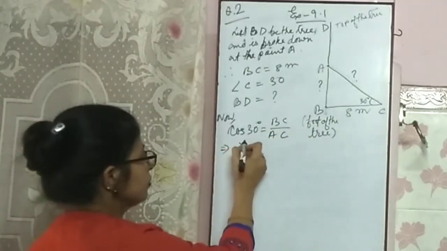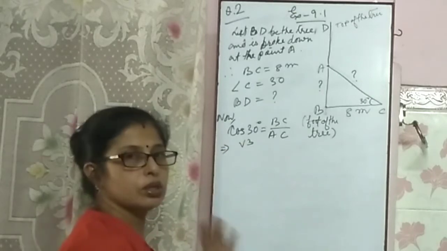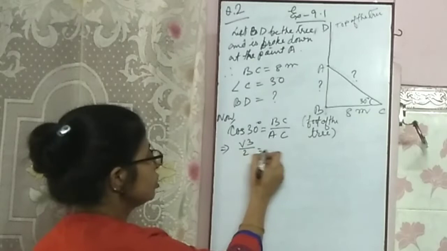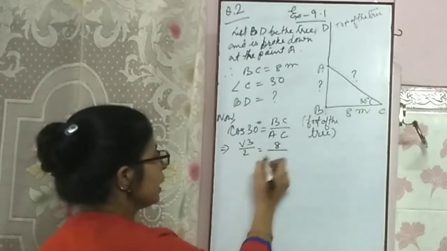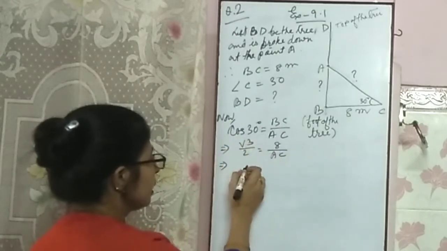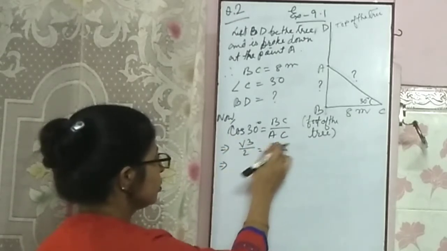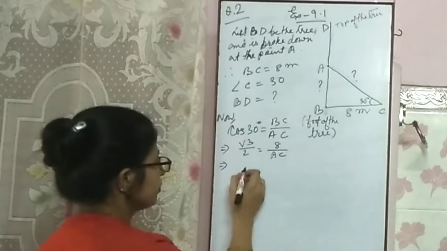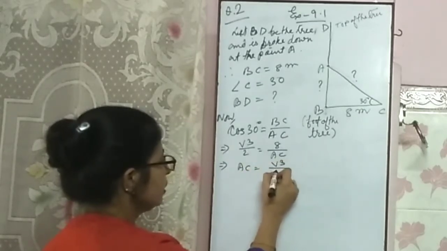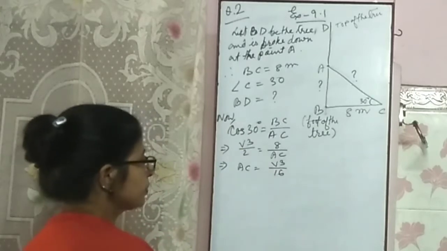Cos 30 is just equal to sin 60, root 3 by 2. BC is 8, then AC you need to find.